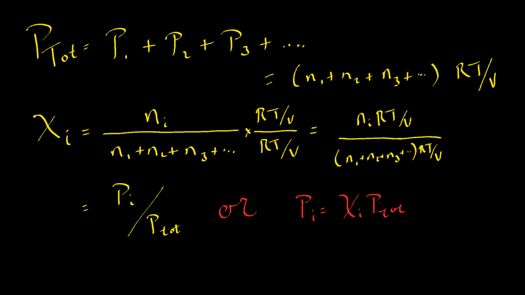Or if you know the mole fraction and the total pressure, that gets you the partial pressure. In other words, mole fraction and pressure are nice handy ways of shortcutting between different substances and ways of measuring the amount of substance present, so long as you know temperature and volume.